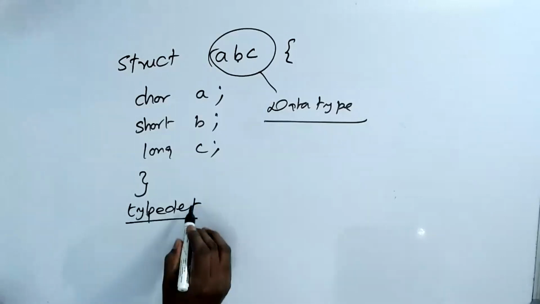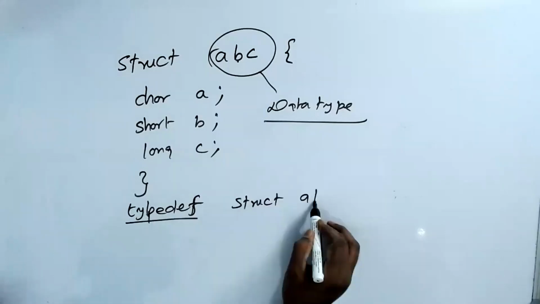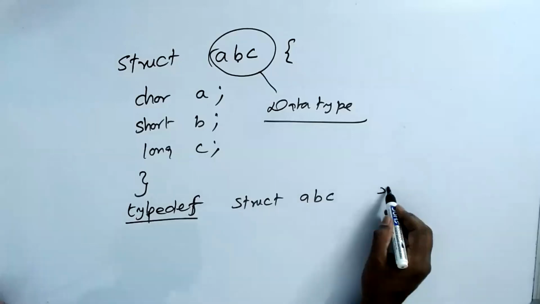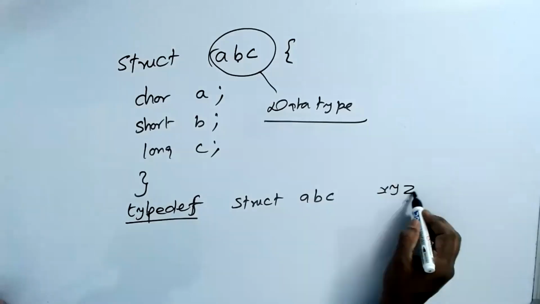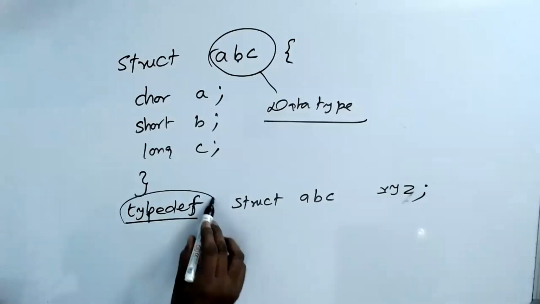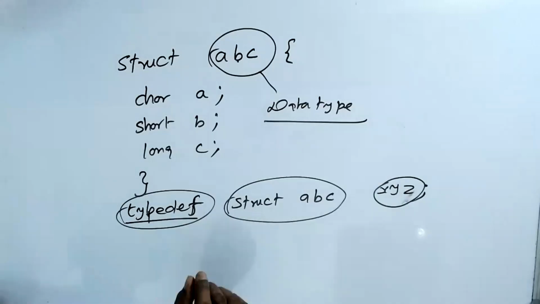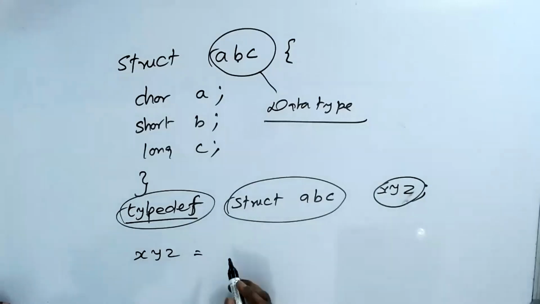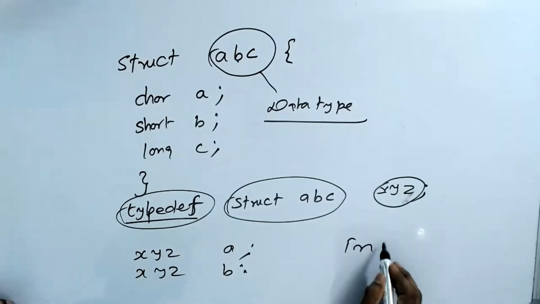I put typedef struct ABC as, let's call it, XYZ. Now in future you can write XYZ A, XYZ B, like int A, int B. You can define like that.